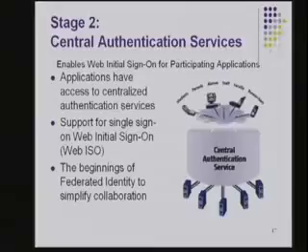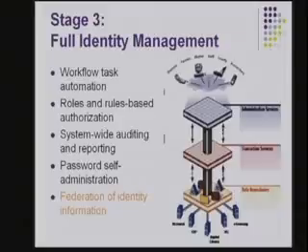This was the beginning of federated identity to simplify collaboration amongst different institutions. So there were problems with this, and it was rectified using this particular kind of architecture which we are heading towards. And this is our main focus: how to establish it, and what are the different types of problems in an identity system of this kind.